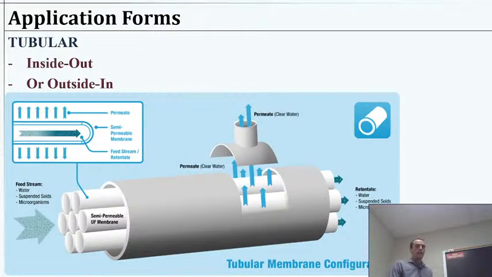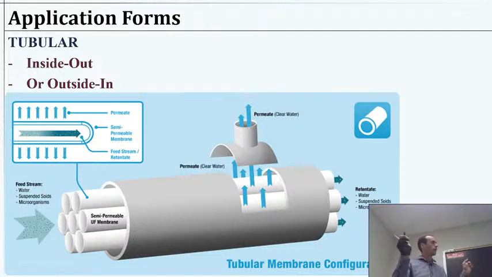Another way we can do it is tubular, and this is exactly like what we looked at. We just looked at one tubular membrane sitting in a chamber, but we could pack several in one chamber. Again, we just have to pipe the water to where it needs to go accordingly, right? So in this case, we're feeding water inside these tubes.